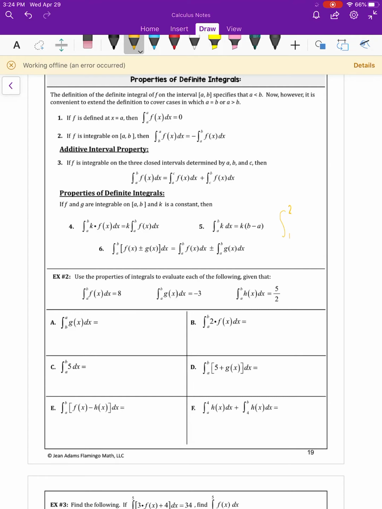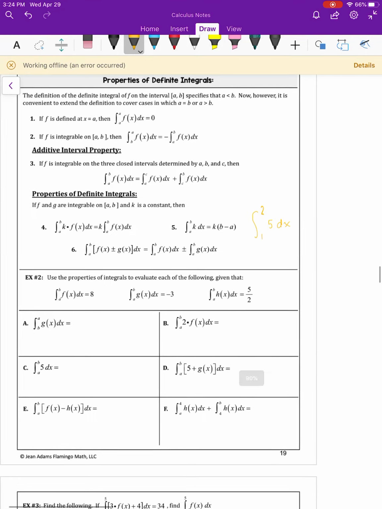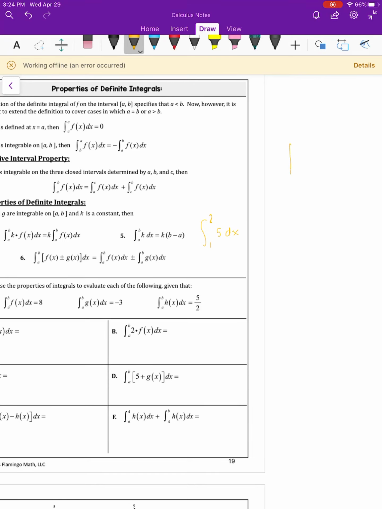So if I said that we have the integral from 1 to 2 of, let's say, 5 dx, okay? Then what you want to be thinking of is, oh, well, that 5 is y equals 5.